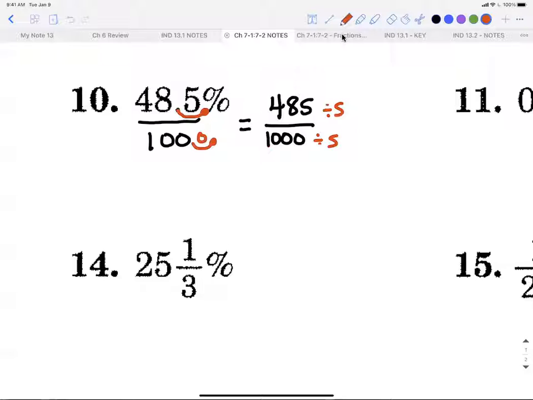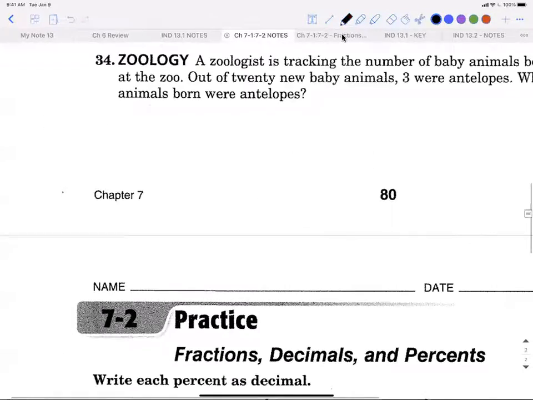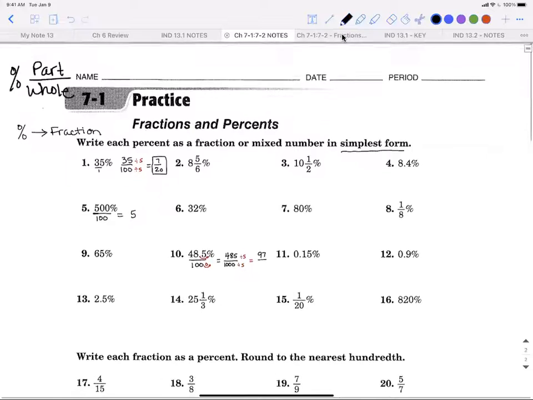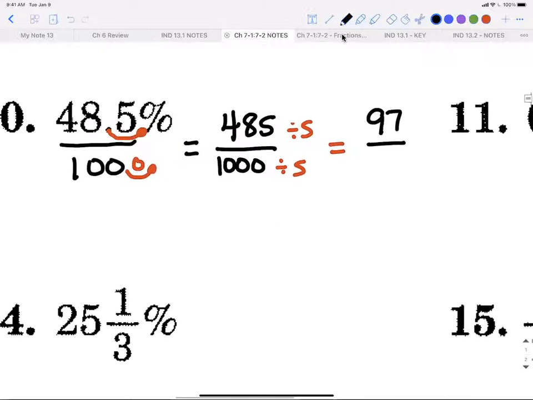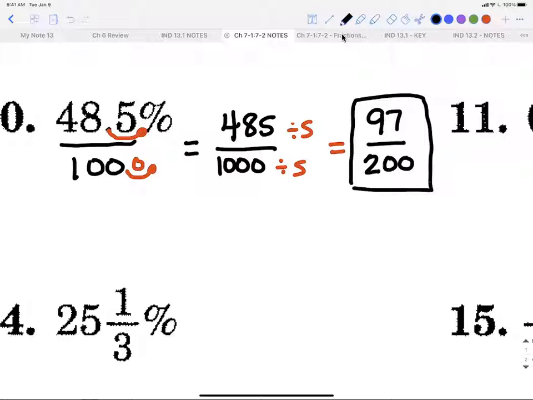And when I divide 485 by 5, I get 97. And when I divide 1,000 by 5, I get 200. Is that right? All right. And there are no common factors between 97 and 200, so that is considered simplified.